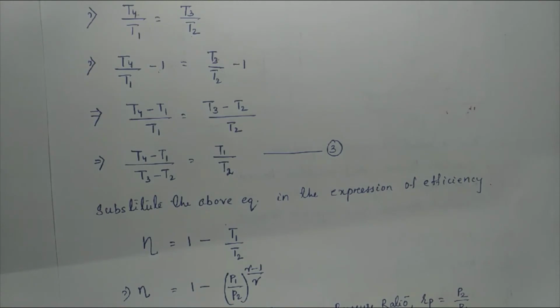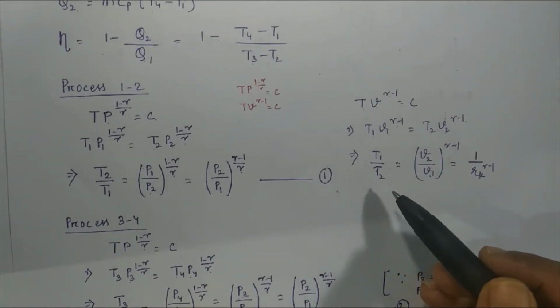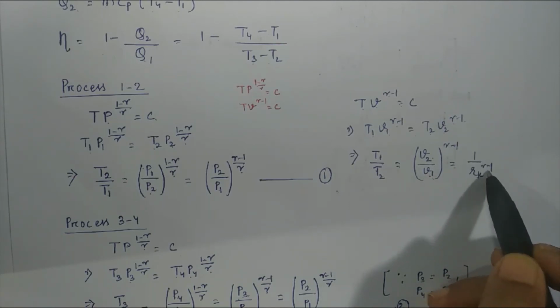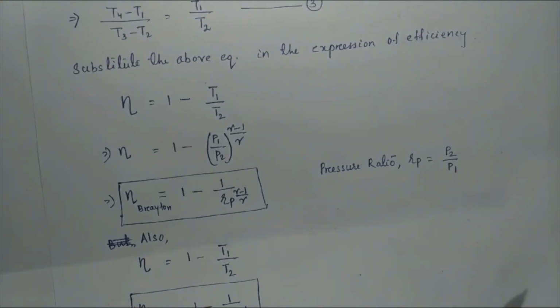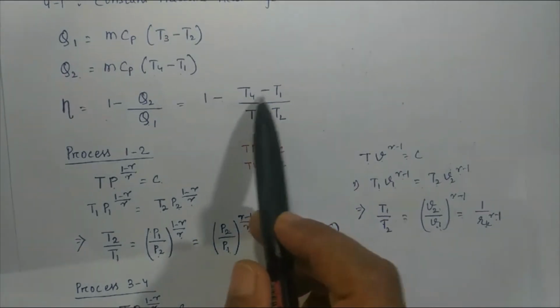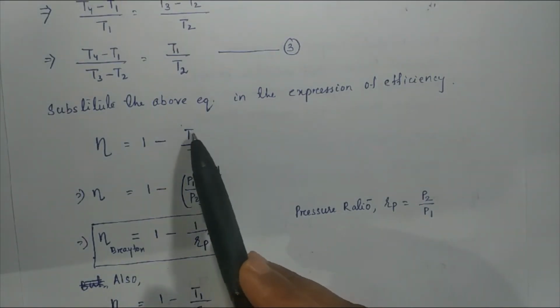We know from the previous equations 1 and 2 that T1 by T2 is equal to V2 by V1, or 1 by Rk to the power (gamma minus 1), or T2 by T1 equals P2 by P1 to the power (gamma minus 1) by gamma. We can use those values in place of T1 by T2. The expression of efficiency is 1 minus (T4 minus T1) by (T3 minus T2). In place of that, we substitute T1 by T2.